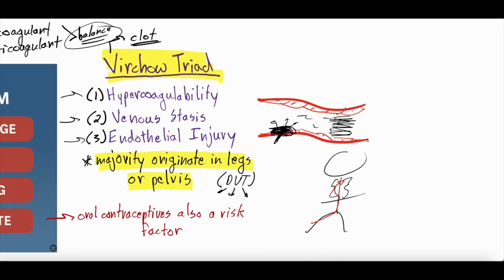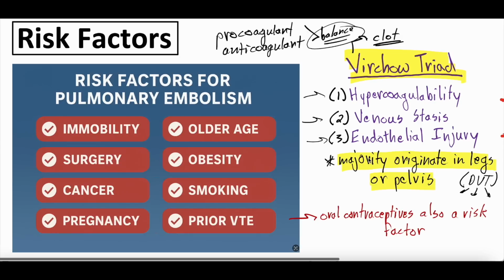So a clot down here in the blood vessel of the leg can travel up through the heart and go into the lung. That's where the majority of pulmonary emboli start. They start in the legs. So someone sees a swollen leg, they don't get it checked out, and it's actually a blood clot. That blood clot then travels up the body, through the heart, into the lungs, and leads to a pulmonary embolism.